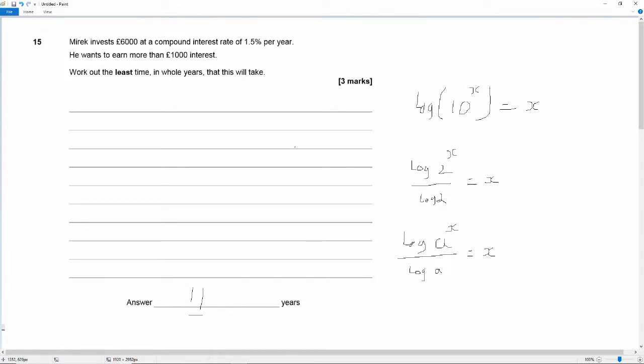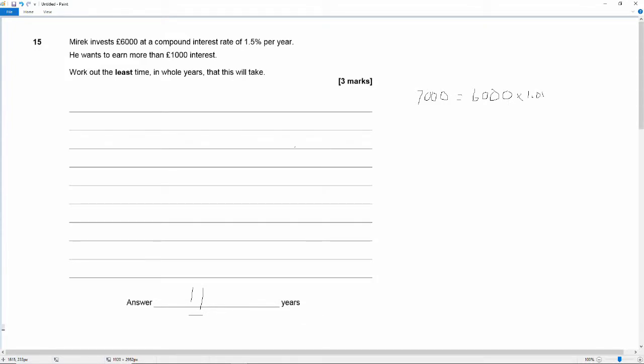Okay, well that's all very interesting, but how does that help me get the 11 years? Well, I know that £7,000, the number I'm looking for, is equal to £6,000 times 1.015 raised to the power of n, where n is the number of years, and I want to know how many years that is.